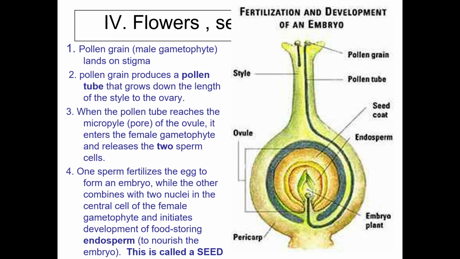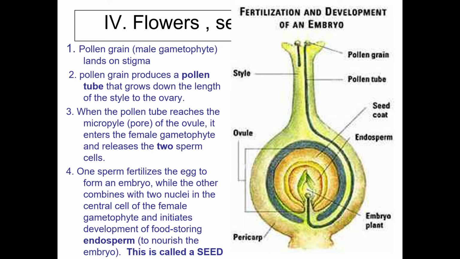When the pollen tube reaches the micropyle, or the pore of the ovule, it enters the female gametophyte and releases 2 sperm cells. One sperm fertilizes the egg to form an embryo, while the other combines with 2 nuclei in the central cell of the female gametophyte and initiates development of food-storing endosperm to nourish the embryo.